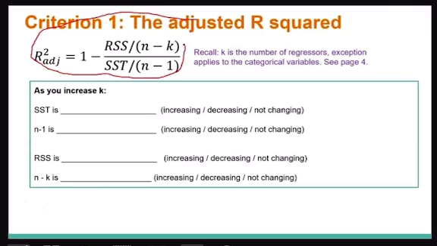If you want to get a brand new criteria that will combine both model fitness and model complexity, then you need to adjust the RSS. That is why you can see RSS as part of the formula. RSS is the residual sum of squares, SS total is the total variation, N is the number of observations, and K is the number of regressors.